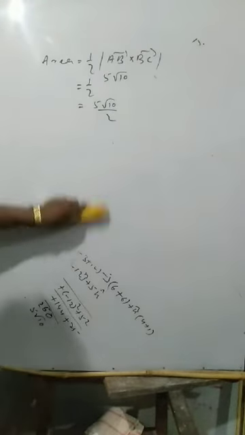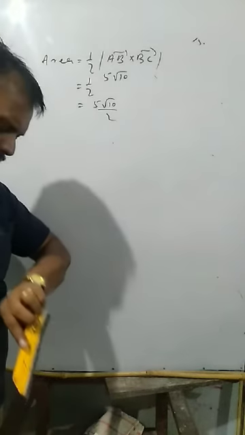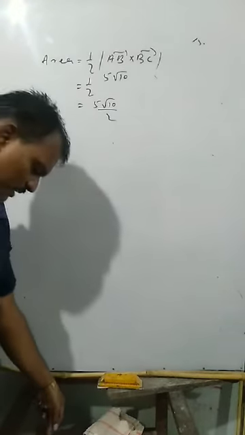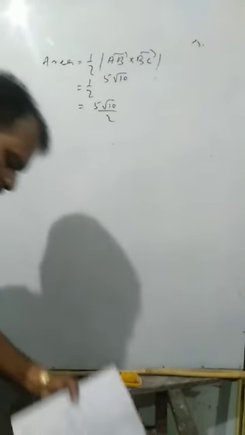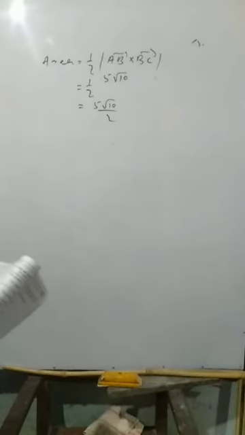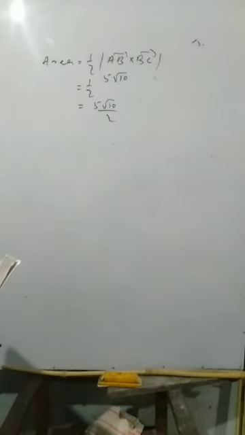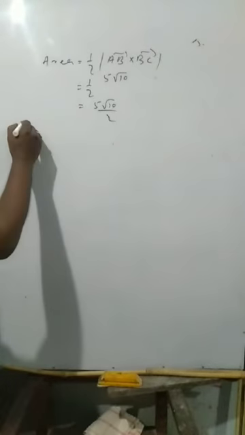Now we will find the area of the parallelogram. How to find the area of the parallelogram? You will get another problem I will do for you. Here we get question 4.